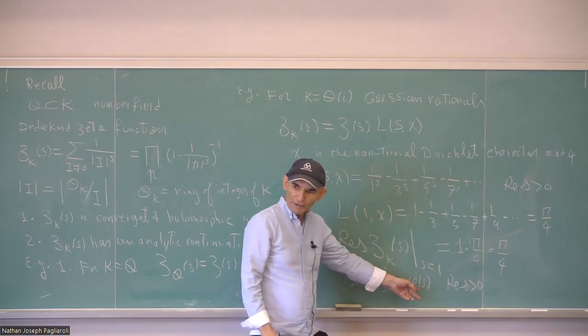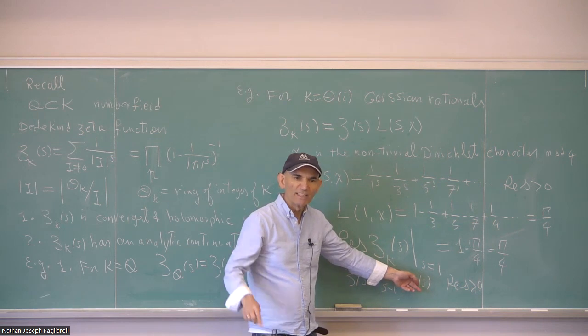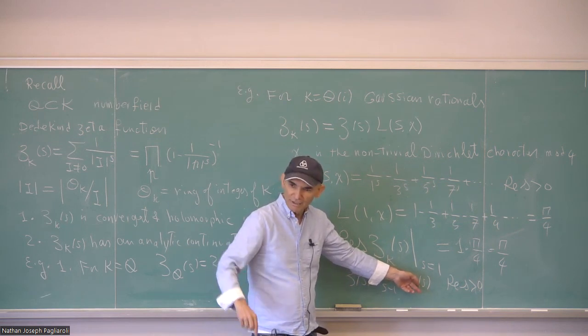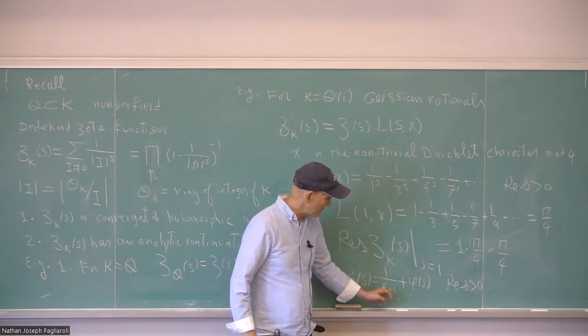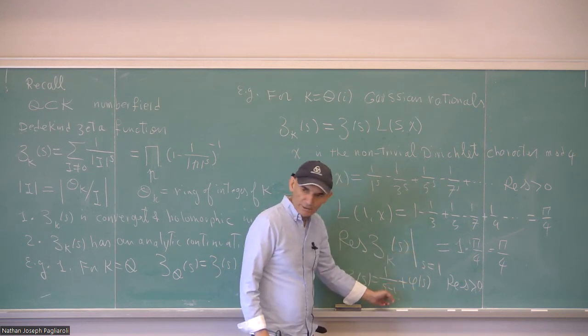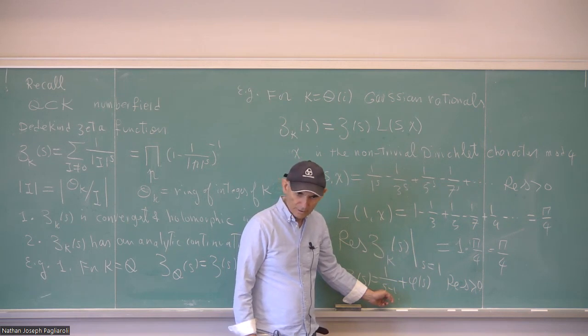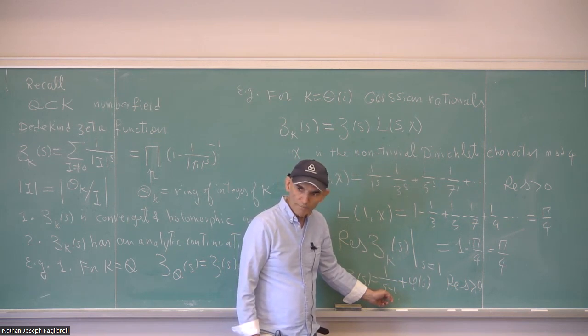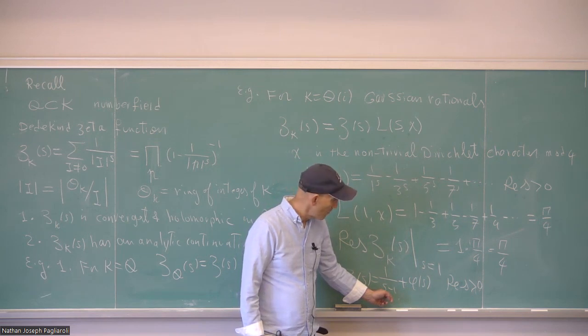But phi is holomorphic. I proved it by integration by parts. There was a trick, which is actually in Serre's book. It's a kind of standard trick. So this shows that there is a residue at s equal to 1, which is equal to 1. Okay?